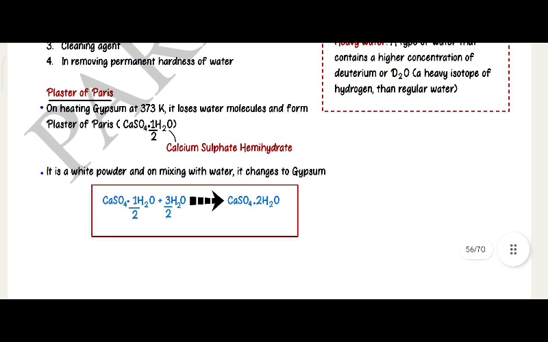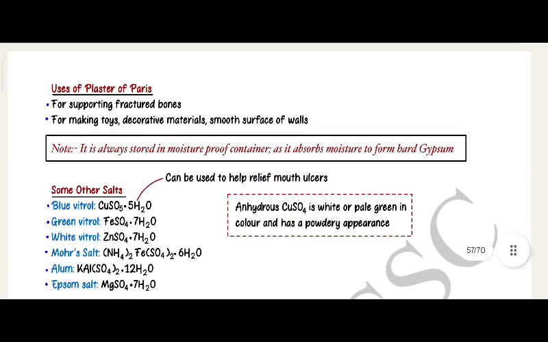Plaster of Paris: on heating gypsum at 373 Kelvin, it loses water molecules and forms plaster of Paris, CaSO4·½H2O, calcium sulfate hemihydrate. It is a white powder, and on mixing with water it changes to gypsum: CaSO4·½H2O plus 3/2 H2O gives CaSO4·2H2O.